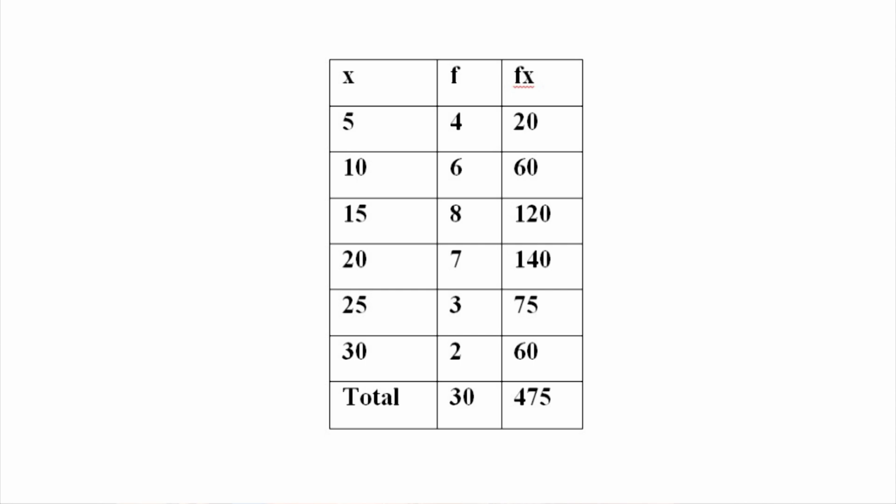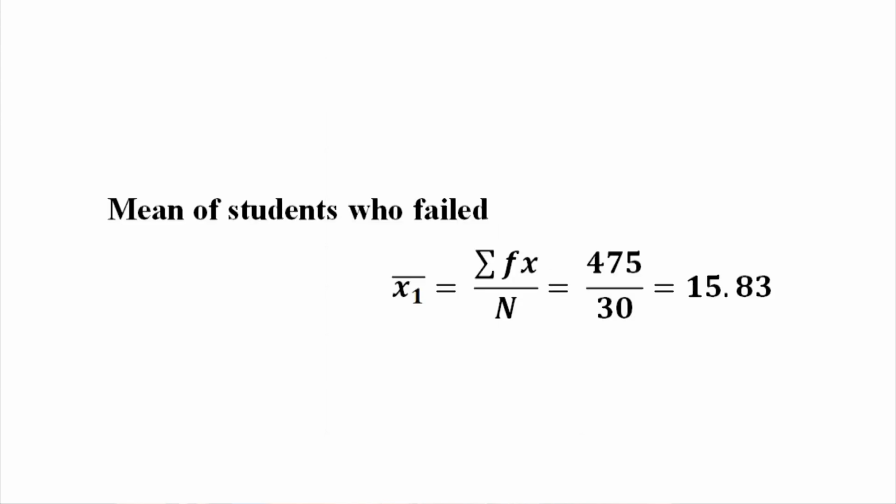The formula used to compute the mean is x1 bar equal to summation fx1 divided by n, which is equal to 475 divided by 30, which is equal to 15.83. Hence, the average marks obtained by the students who failed in the examination is 15.83.